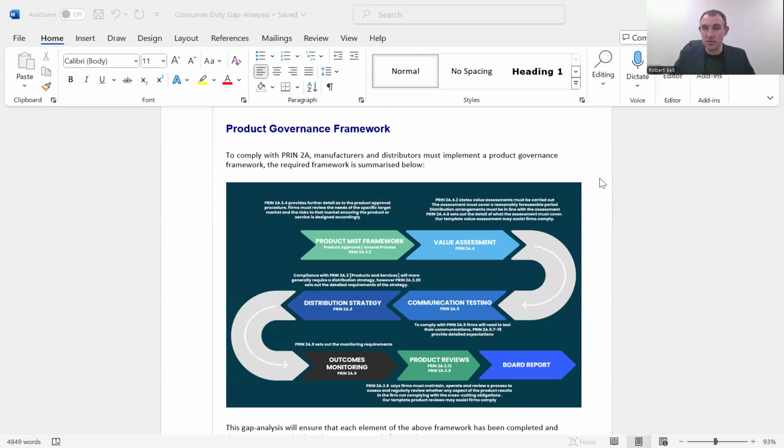We'll launch the distribution strategy, so we'll put the product into the real world, but of course things don't end there. We then look at our outcomes monitoring, product reviews, and ultimately the board report, which pulls together the results of the MI that you would have created following your outcomes monitoring and product reviews, reported that to your relevant committee.